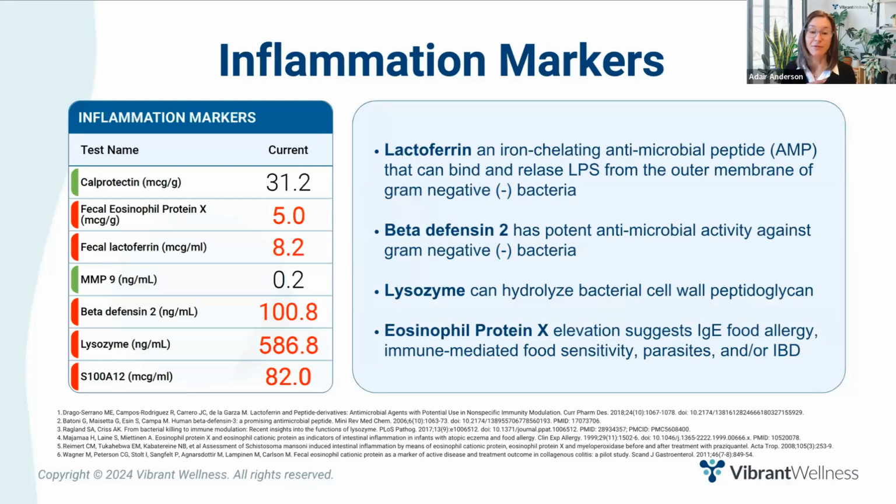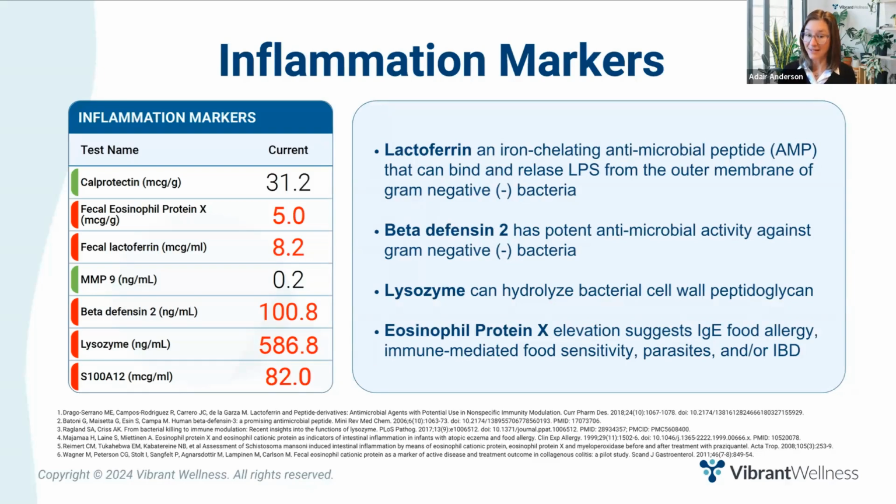So when lactoferrin captures and sequesters iron present in the gut, it effectively deprives pathogens or opportunistic overgrowth of iron, slowing or halting their growth. Lactoferrin has the ability to bind and release lipopolysaccharide from the outer membrane of gram-negative bacteria. For these reasons, it's categorized as an antimicrobial peptide, or AMP for short.